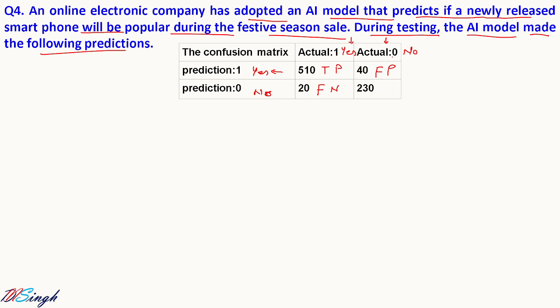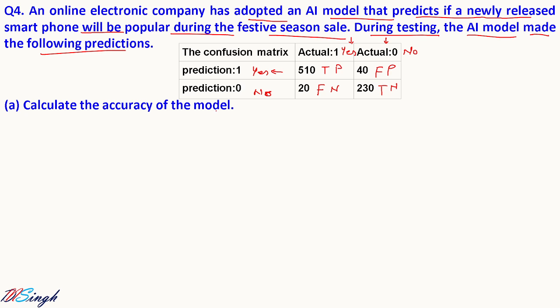Again, actual is 0 and prediction is also 0, so both are the same, true, and the prediction is 0, that is no, so the second word will be negative.